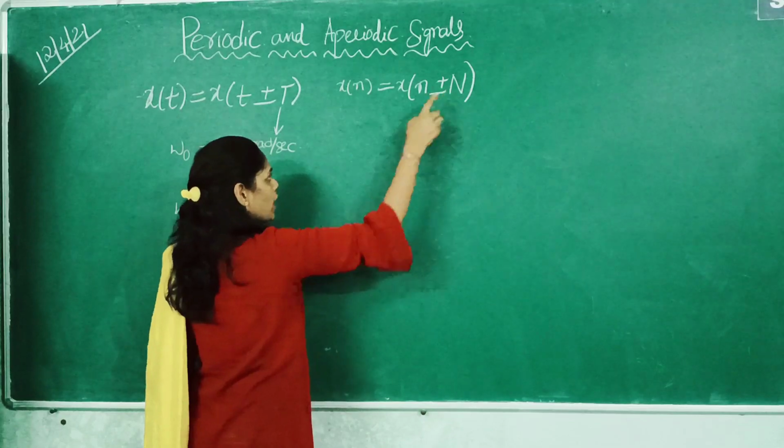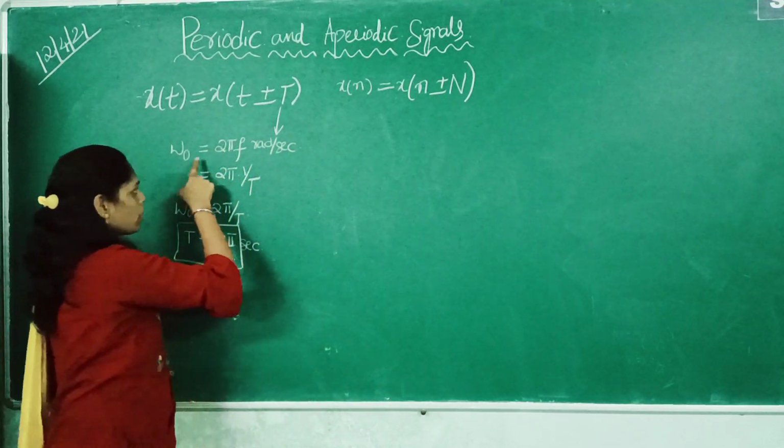How to calculate this is the same as before, omega naught equal to 2 pi f.